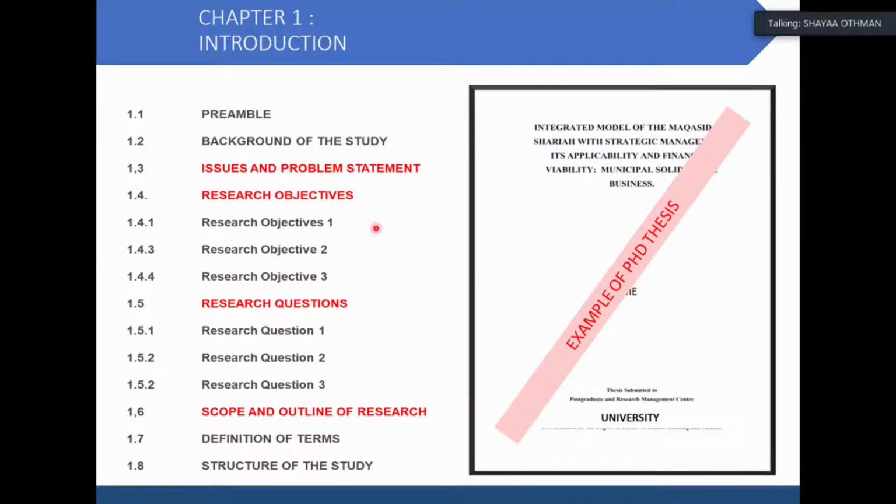It would be preferred if you could focus on fewer objectives and fewer research questions, because you define so many questions to be raised. You define your scope, much easier for you to assess. Not too many questions, not too many objectives. So this is much simpler for you to do. Okay.